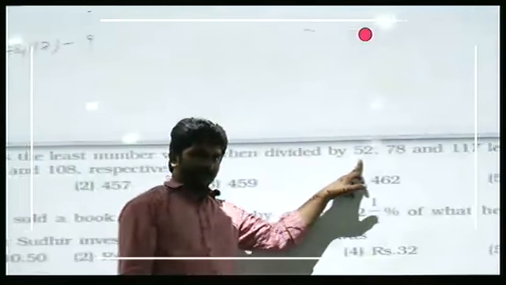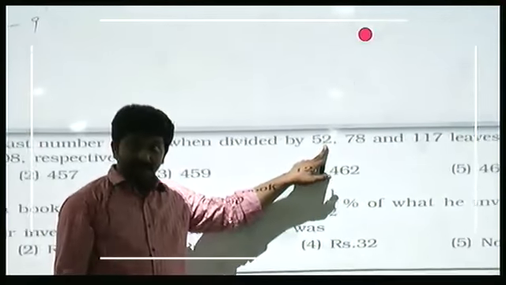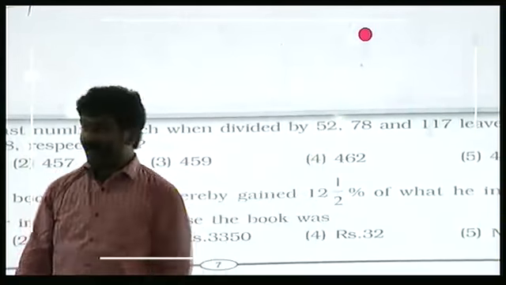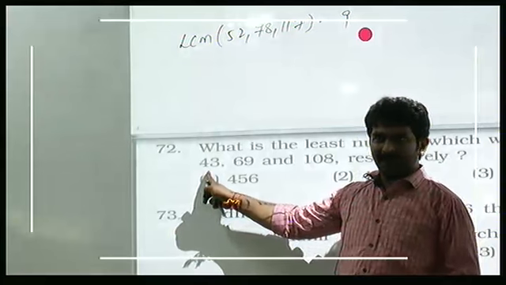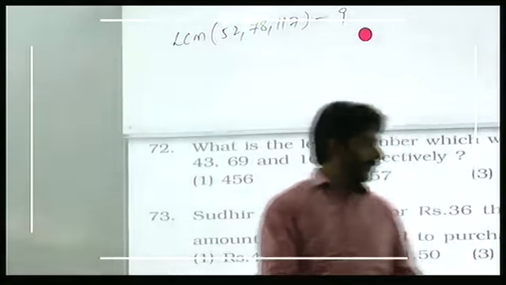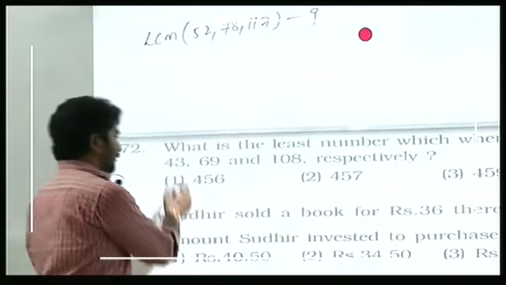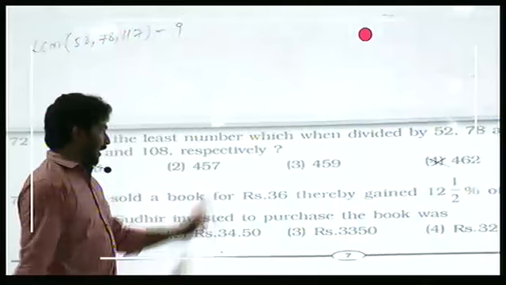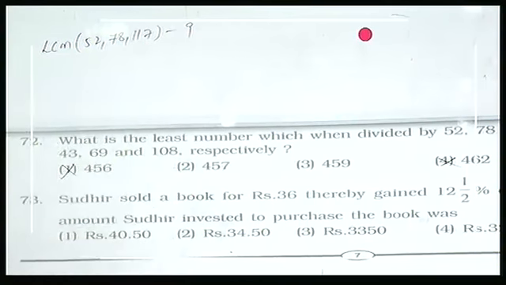When you divide a number by 52, which is an even number, we expect the remainder to be an odd number. So the answer should be an odd number, right? Yes or no? With that reason, the first, fourth and fifth options are eliminated. The answer should be either 457 or 459.